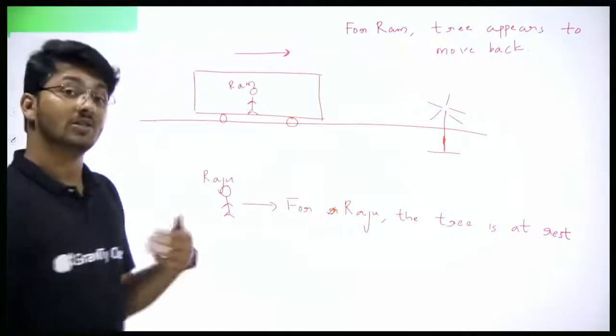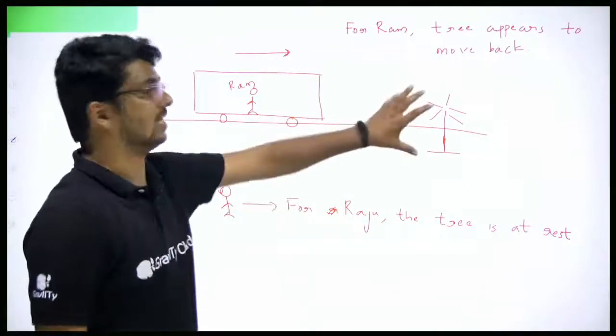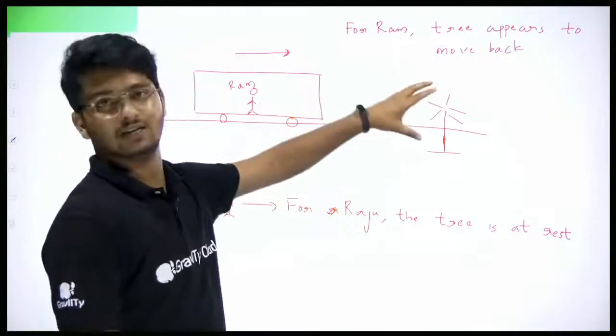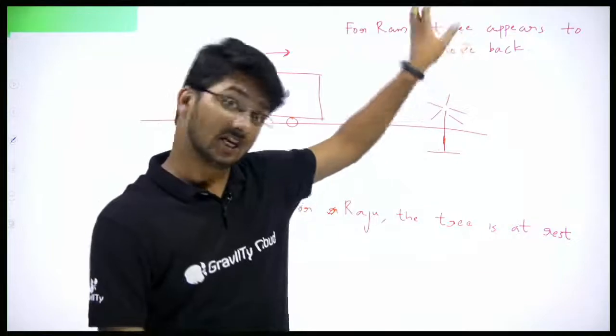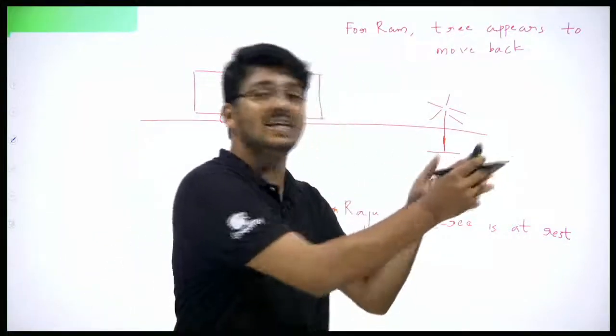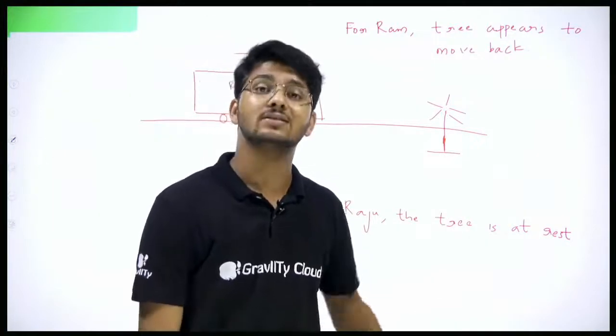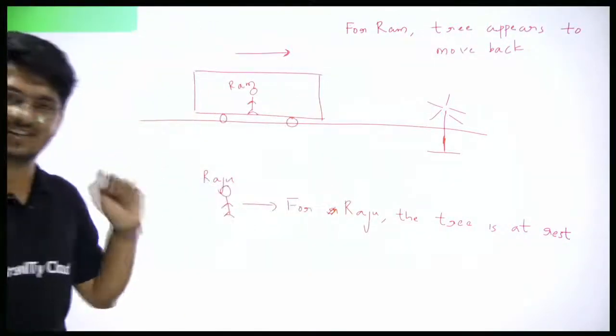For Raju, the tree is at rest. What can you say? This means that an object here, let's say, think of it as a tree, an object can be at rest or in motion, the same object. It depends on what? It depends on who is seeing the object. So for Ram, it's moving back. For Raju, it is at rest.